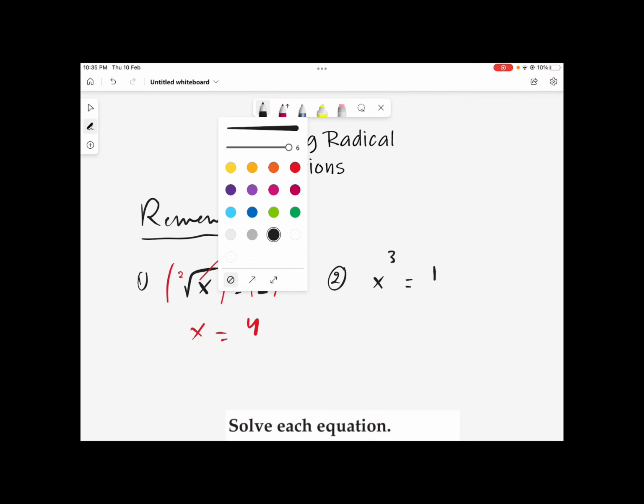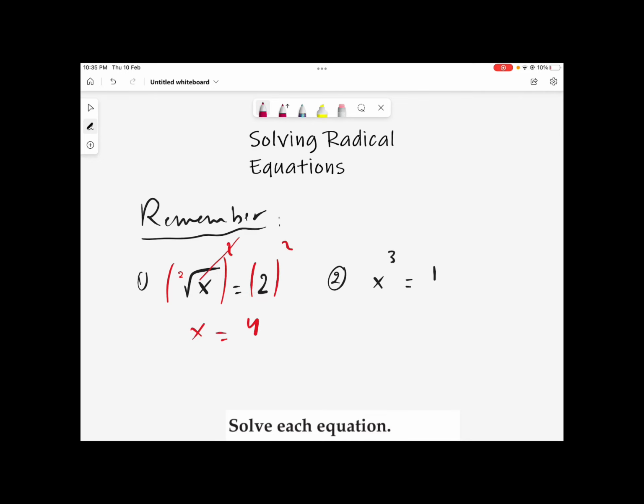So what we do is raise both sides, I will do the cubic root of both sides. Do we have to put plus or minus? No, only in case the index is even. So no need for plus or minus. This cancels, then x equals the cubic root of 1, which is 1.